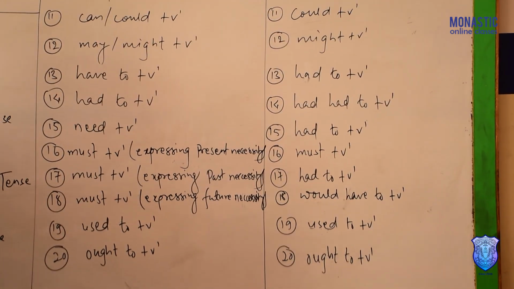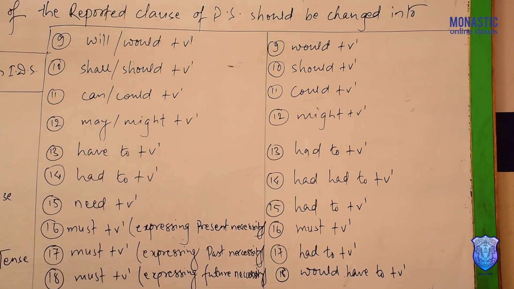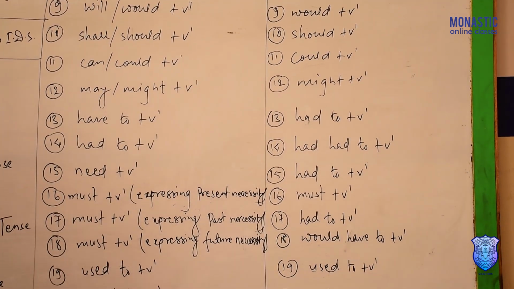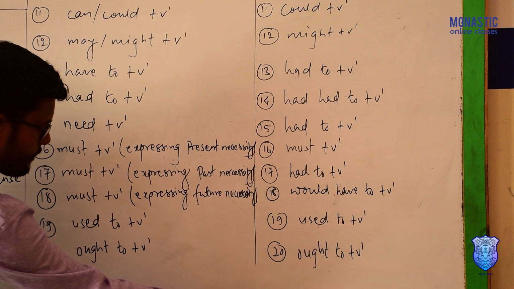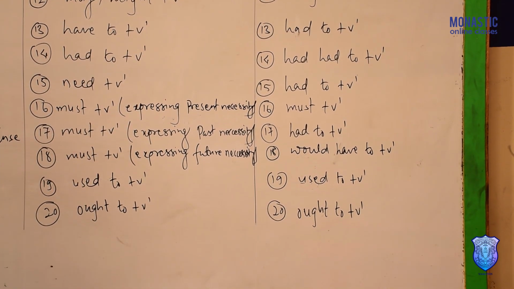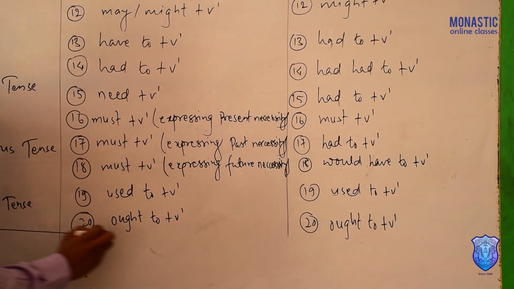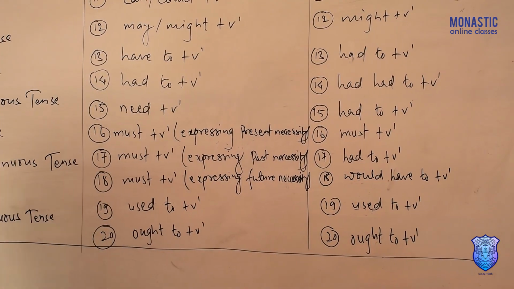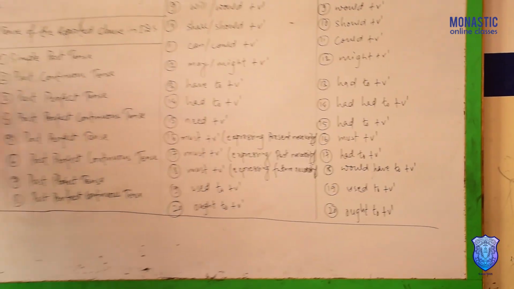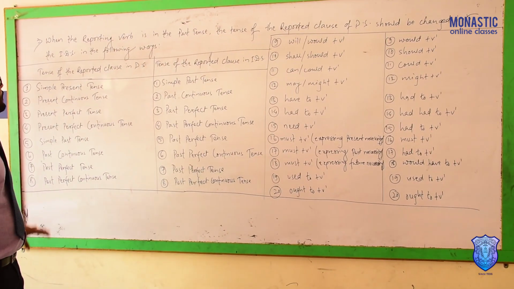So class, you can find that these are the ways through which we can change the tense of the reported clause into the indirect speech.